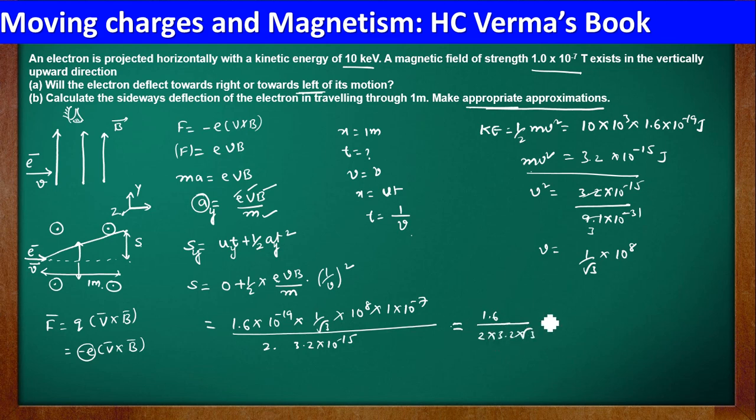Just keep it aside. Now into 10 power, he's just asking for the approximate answer, not the absolute answer. 10 power minus 19 plus 8 is 10 power minus 11, minus 11 minus 7, minus 18 plus 15, so it's nothing but minus 3.